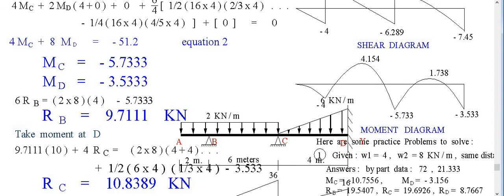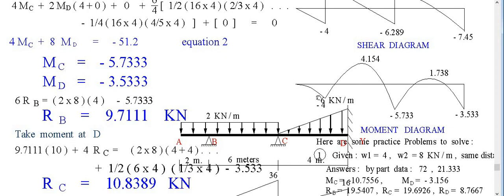Then there is a moment at C, which is opposite with the uniform load, triangular load. Direction is clockwise, while this one is counterclockwise. So negative, opposite with this. Okay. So solving for RC, we have only one unknown. RC is 10.8389.